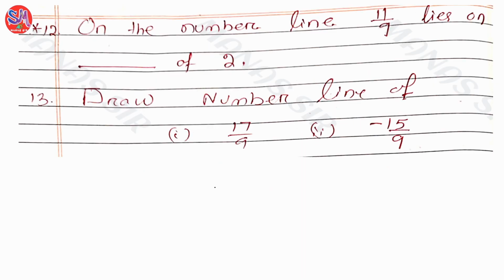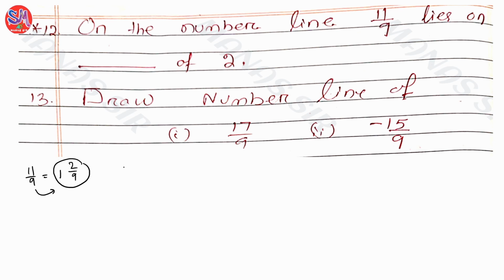Okay, next question. On the number line, 11 by 9 lies on the dash of the 2. Okay, so first of all, convert or represent 11 by 9 on the number line. 11 by 9 we can write as 9 1s are 9, 2 by 9. When you convert an improper fraction to a mixed number, you can write 1 whole 2 by 9. Yes or no?